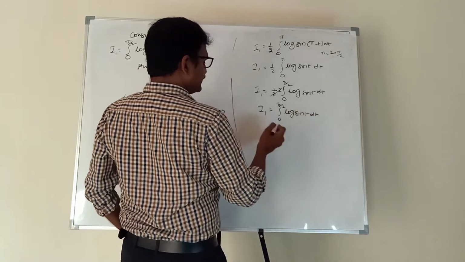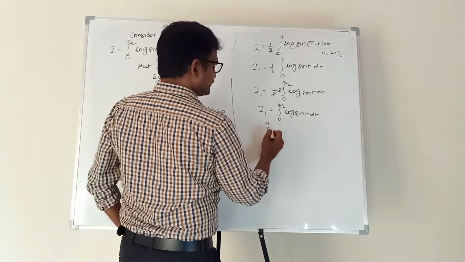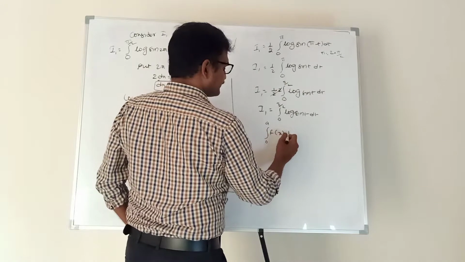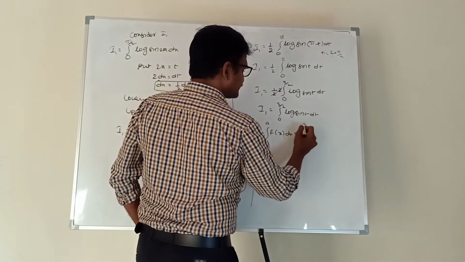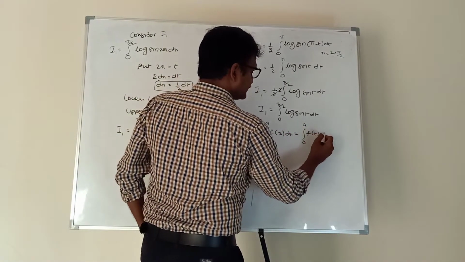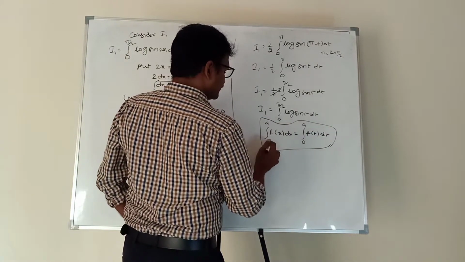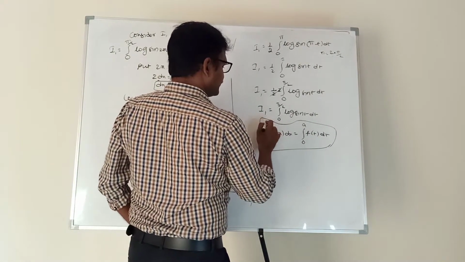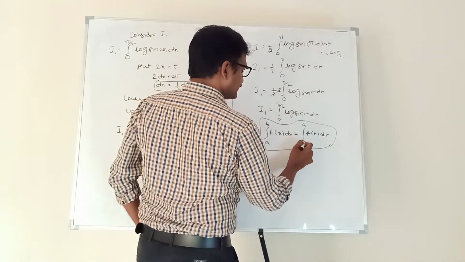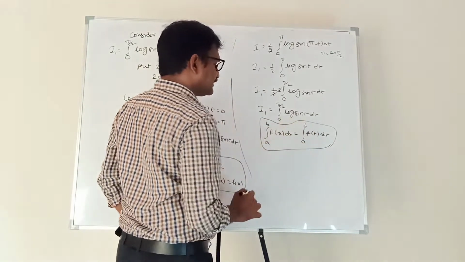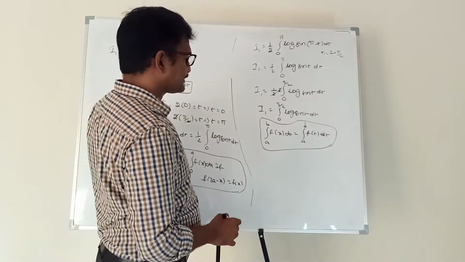According to property number 1, integration of 0 to a of f of x dx is equal to integration of 0 to a of f of t dt. Wherever x is there, we can replace it with t.